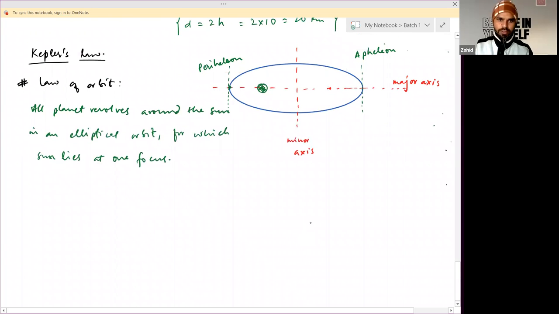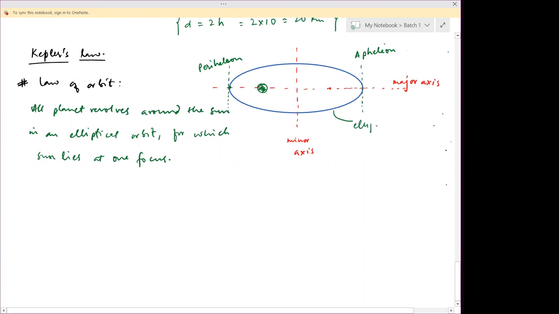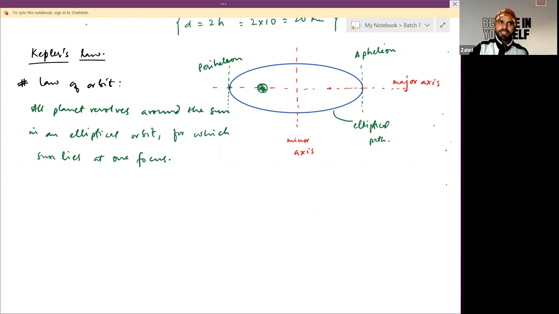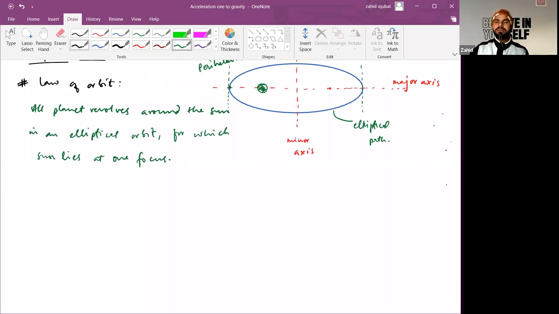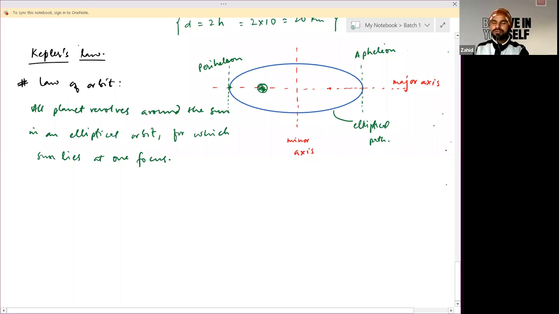Now, due to this particular law of orbit, or this elliptical path, there will be seasonal change on the surface of Earth. The main impact of seasonal change is the orientation of the axis of rotation. Let's say at this point, perihelion, the orientation of the axis of Earth is along this direction, so the northern half of Earth will be facing towards the sun.